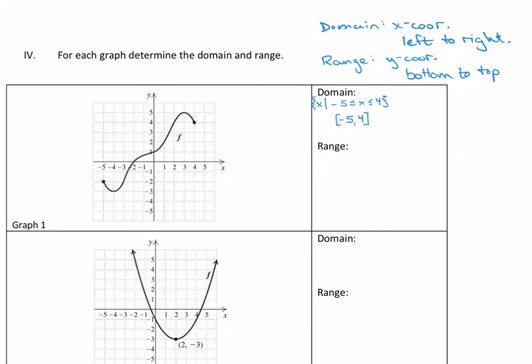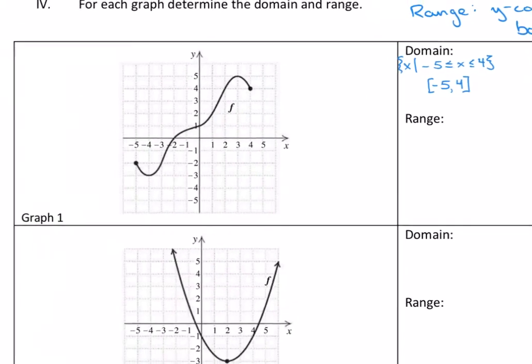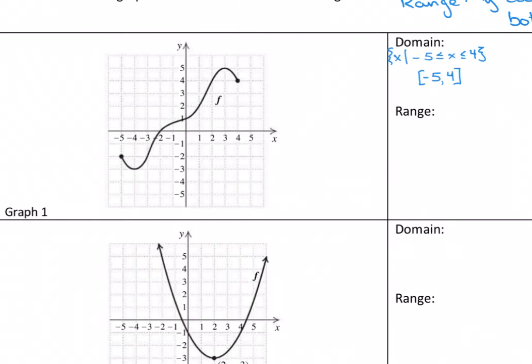So we're going to find our bottommost point and our topmost point, and we want to keep the y coordinates. So again, if we look at graph 1, my bottommost point is right here. I want my y coordinate of this point, which is -3.